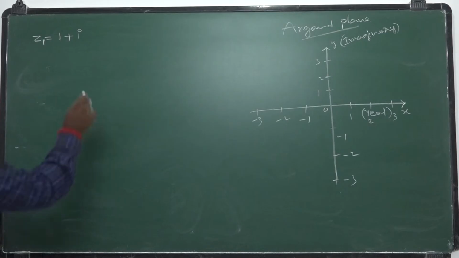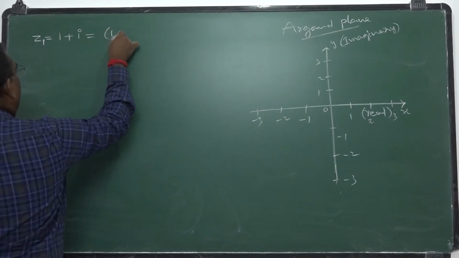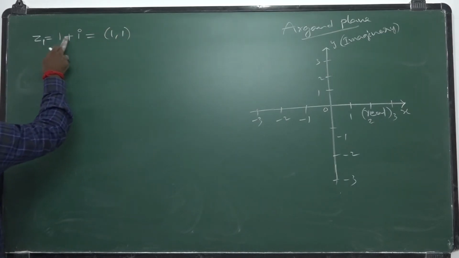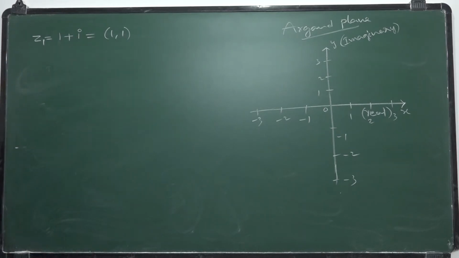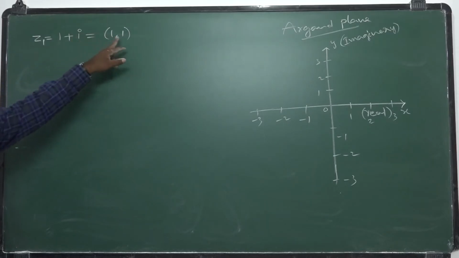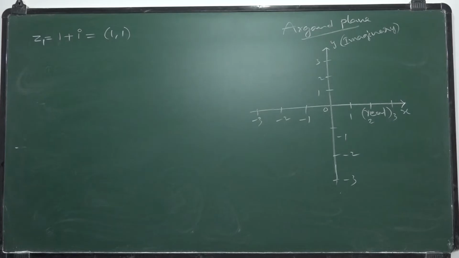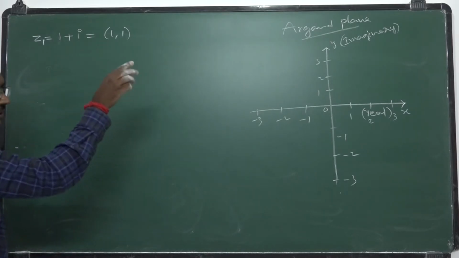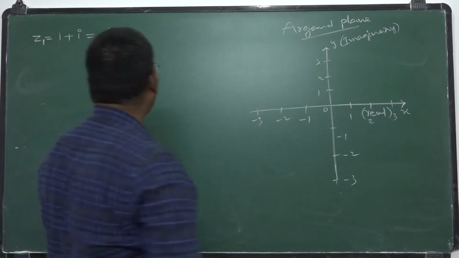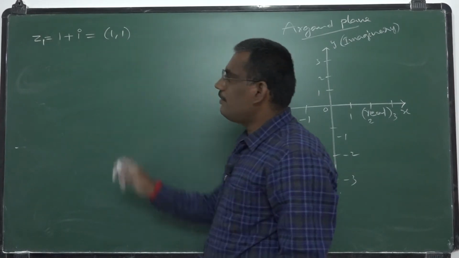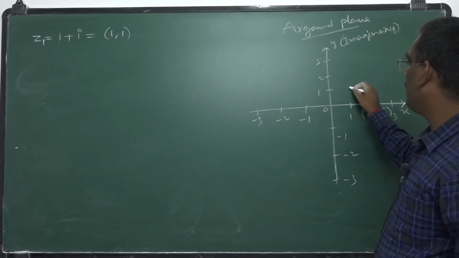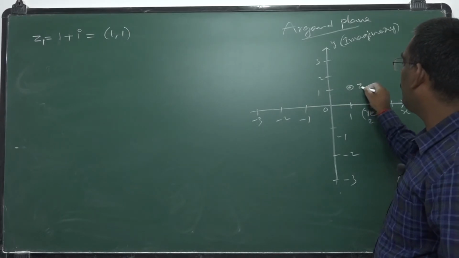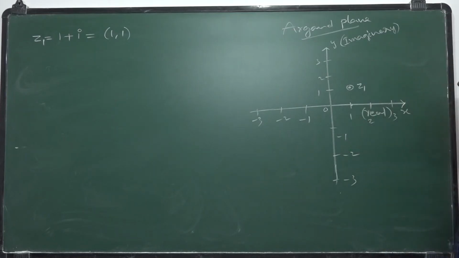It can be written as (1, 1). The real part is 1, the coefficient of i is 1, so the imaginary part is 1. So the complex number is written as an ordered pair. Now we can plot this complex number on the Argand plane. The x coordinate is 1, the y coordinate is 1. So this is the location of the point z1, (1, 1).